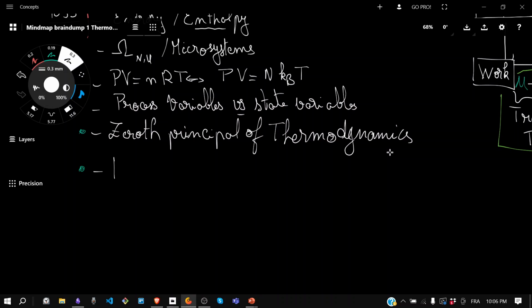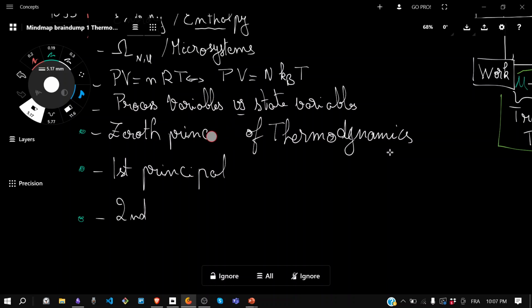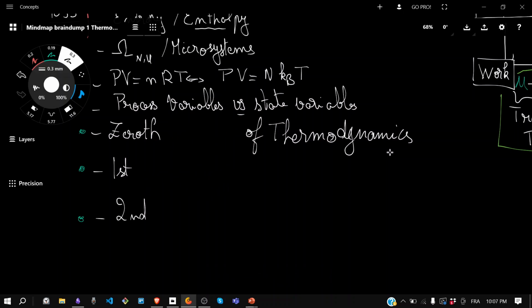We have the first principle, and I don't remember these, not all of them, so this is what we're going to try to do. We have the second law. Oh, these are not principles, these are laws. Yes, these are laws. You see, this is how weak my encoding, well, my prioritization of the information was.